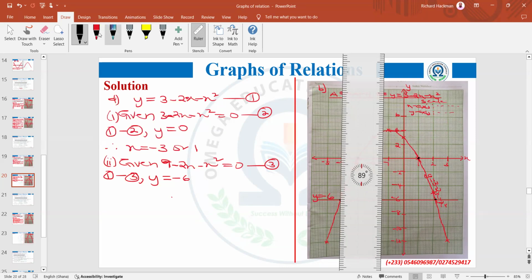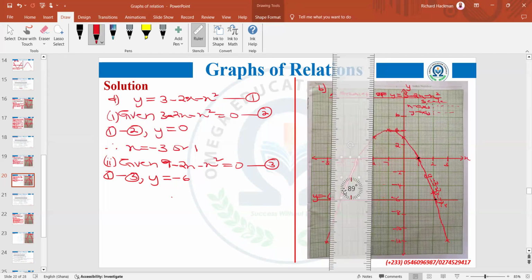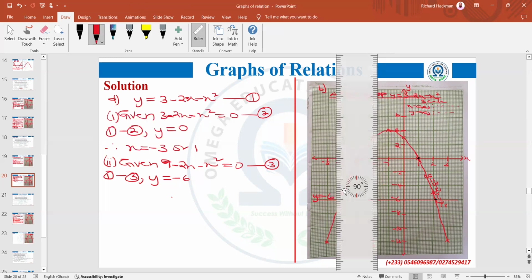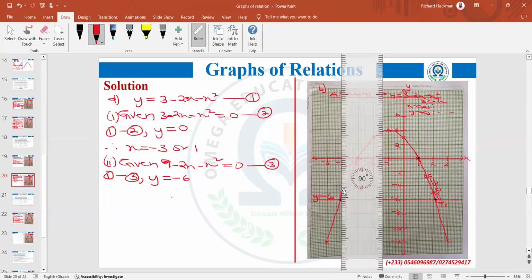So let me change my tool and indicate my broken line representing the tracing. Oops, I selected something over there. Forgive me, you should be following as well. Okay, I think I'm good to go now.